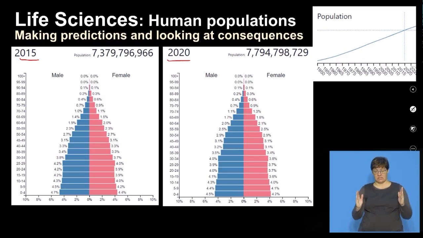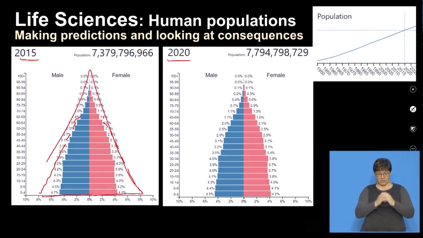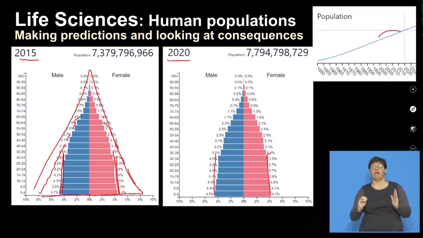What do we see? We see that we have not got such a steep graph happening with that typical expanding population. We're starting to see that this is becoming a little bit more stable. And so up to 2020 on our graph, we're starting to see the beginnings of a deceleration.